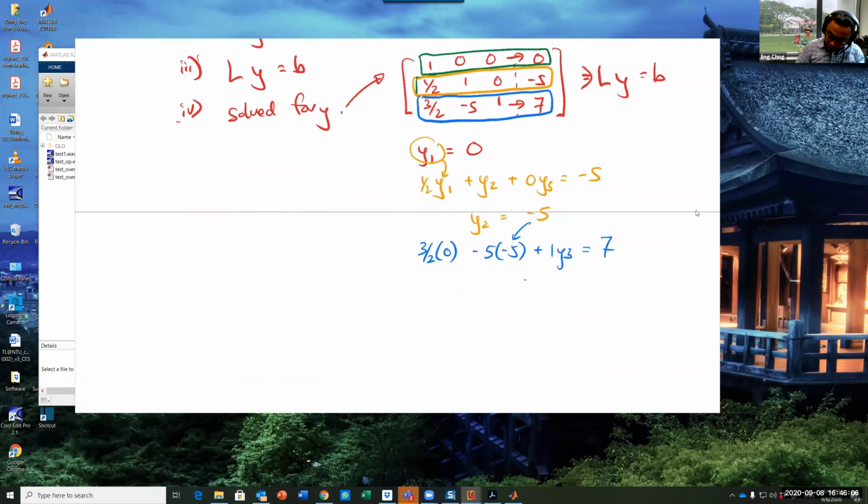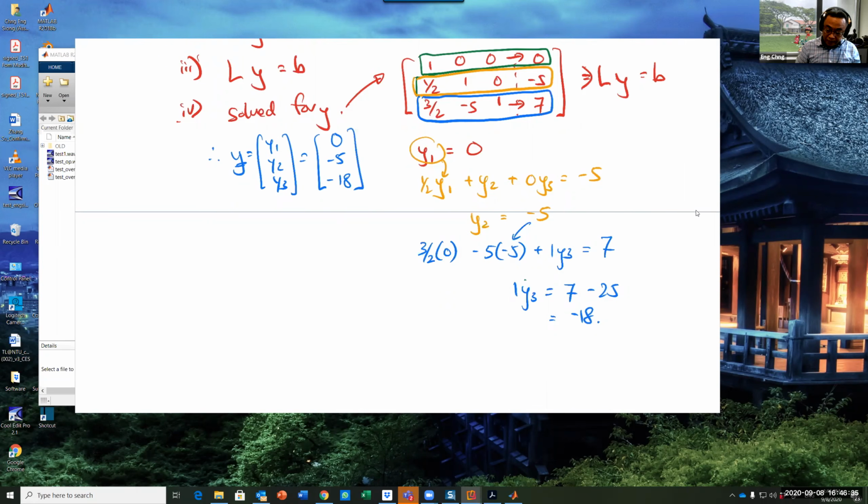So what do we have? 1 y3 is equal to 7 minus 25, which is equal to minus 18. Therefore, y is equal to y1, y2, y3. So the vector y is equal to 0, minus 5, and minus 18. So we have solved for y. So we have found y.